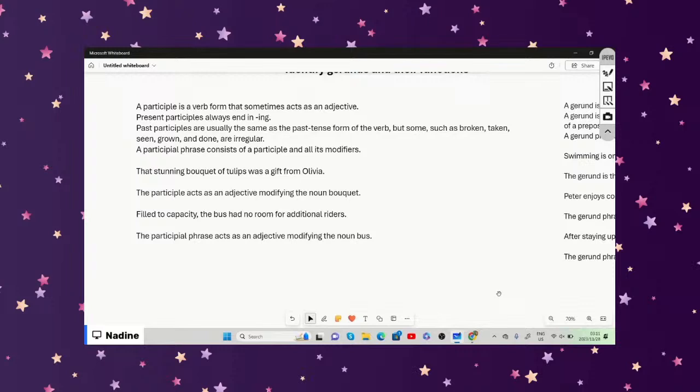All right, if we look at a few examples. It says, that stunning bouquet of tulips was a gift from Olivia.